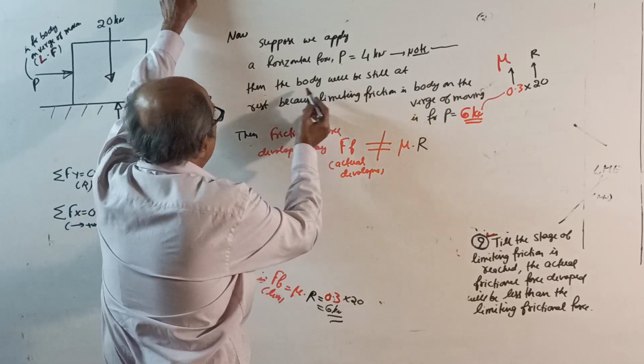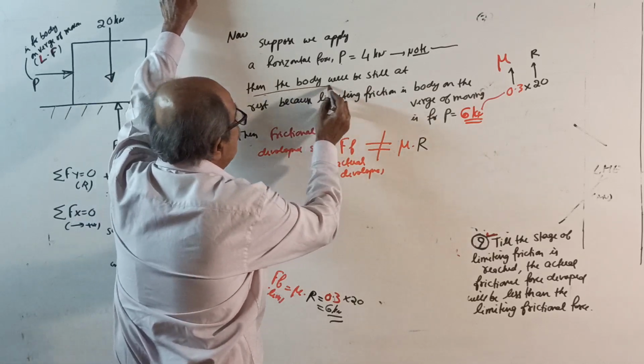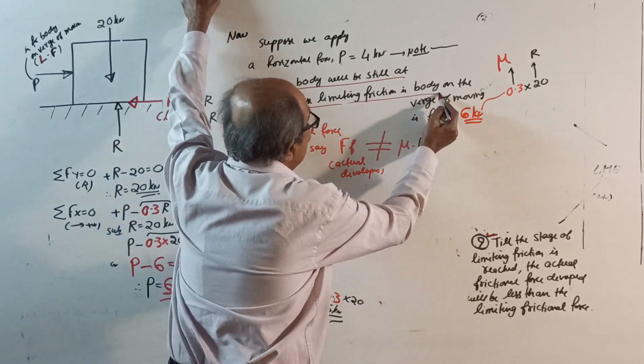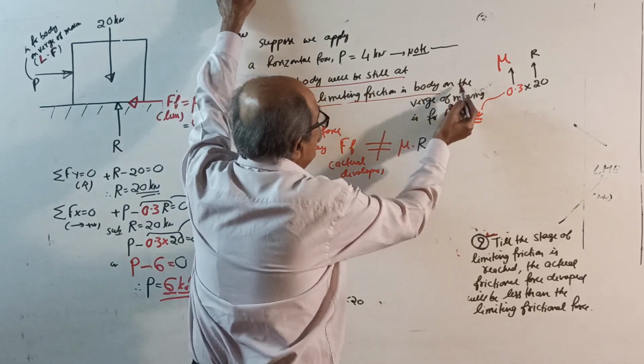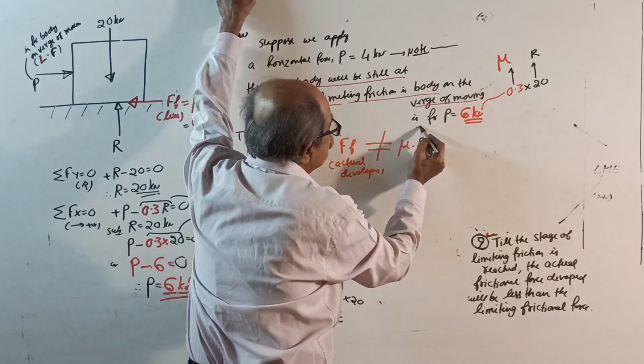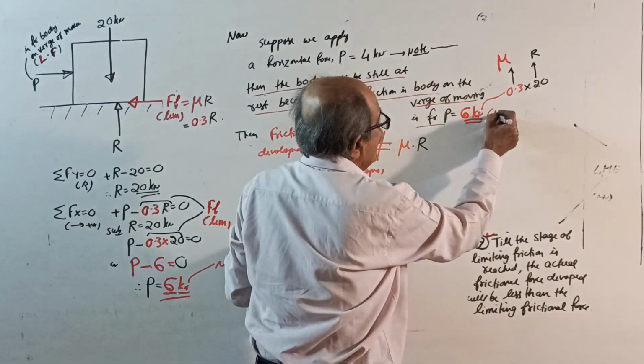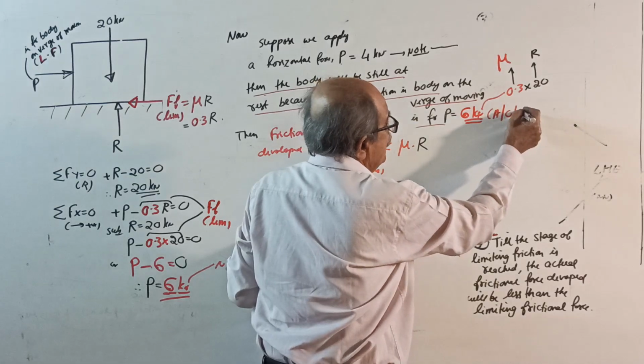Then the body will still be at rest, because limiting friction, that is, body on the verge of moving, is for P equal to 6 kilonewton. Already calculated a little earlier.